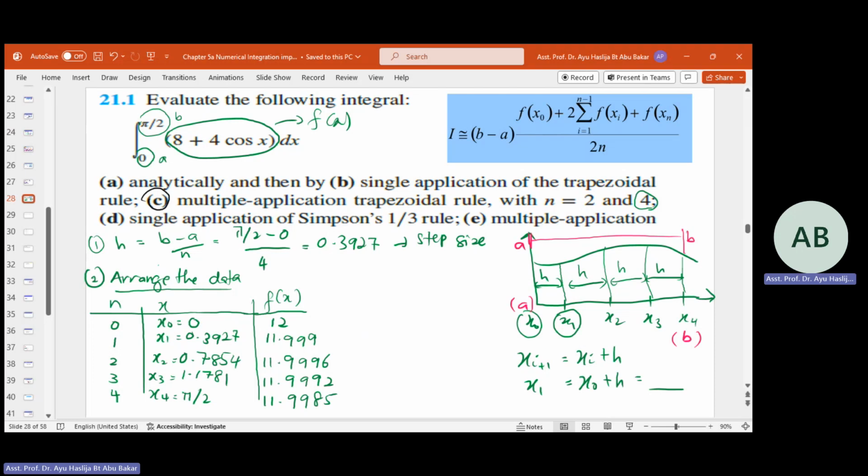Okay, try to calculate your x and f(x). f(x) first. Make sure you get the correct number as mine.